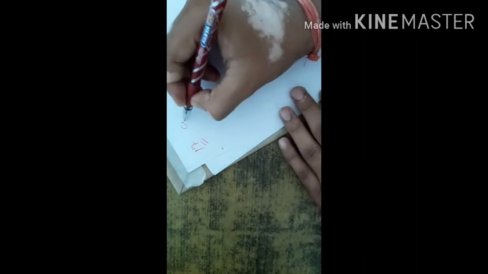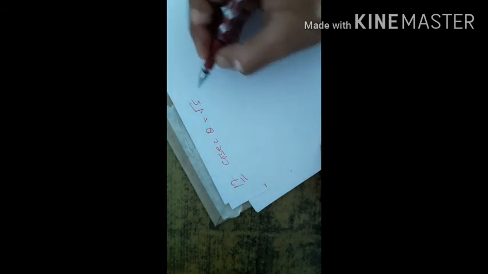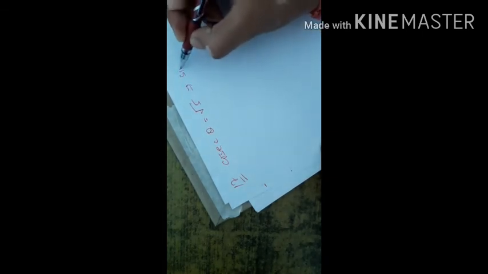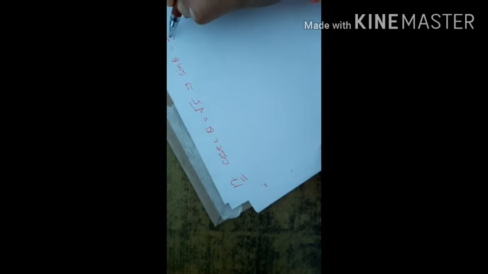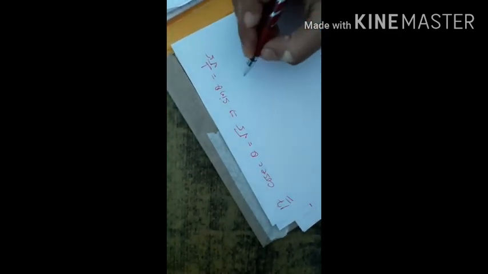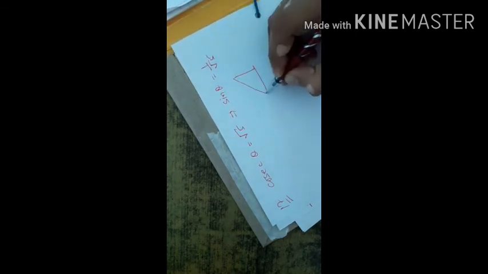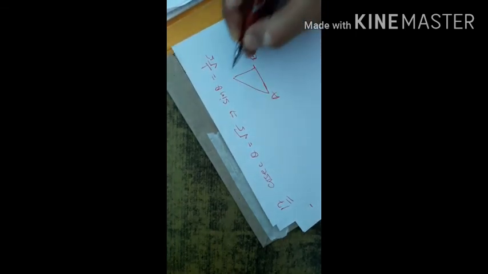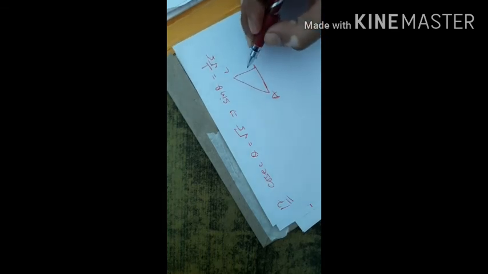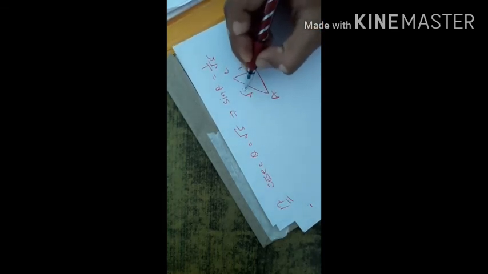In question number 17, it is given that cosec theta is equal to root 5. I have told you that cosec is the reciprocal of sine. So if cosec theta is equal to root 5, this means sine theta is equal to 1 upon root 5. So now make a right angle triangle, triangle ABC. This side is 1, this is root 5.